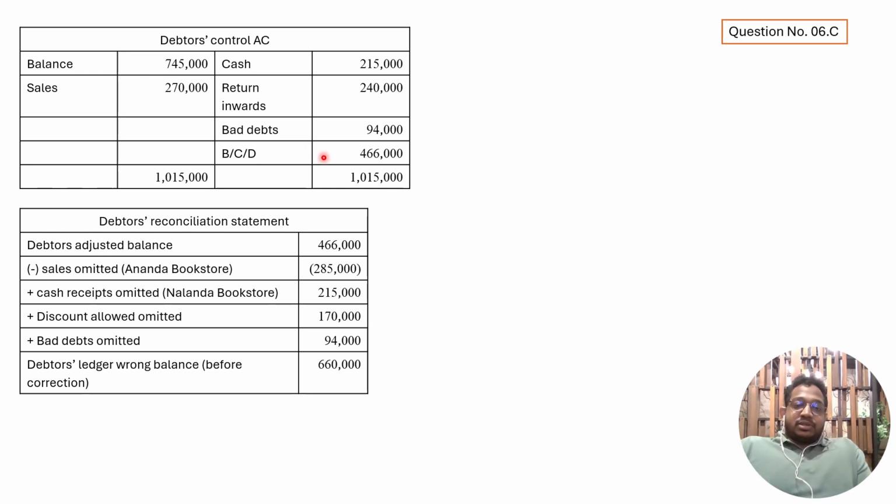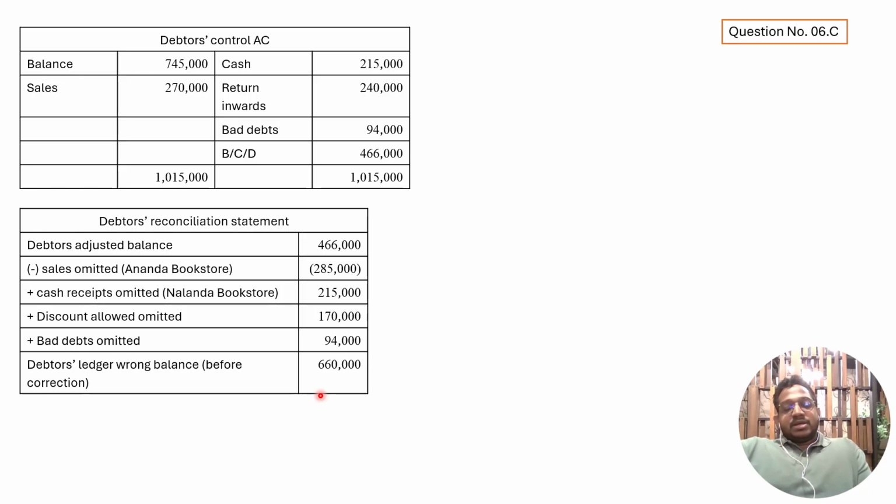Then you can find the correct debtors balance. And here, the debtors control account and the subsidiary ledger are both prepared by the business itself. So if you prepared both correctly, the closing balance should be equal, right? So here the debtors control account adjusted balance is also the correct balance of the debtors ledger. Based on that, you can find the debtors ledger balance before corrections.